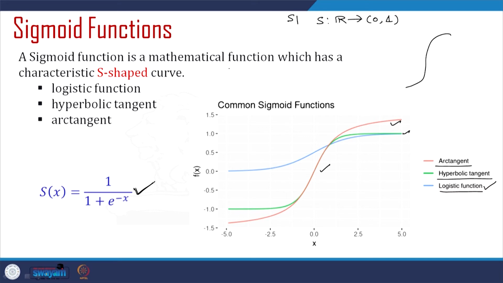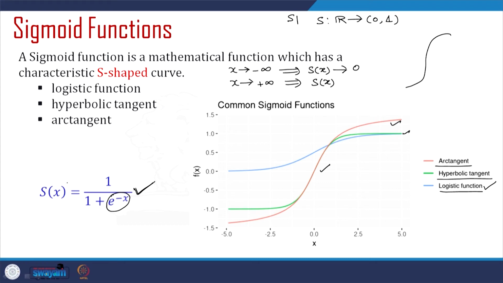For example, when x goes to minus infinity, meaning it has a very large negative value, S(x) will tend to 0, because e raised to the power infinity is very large, so 1 over a very large value goes to 0. When x is plus infinity, e raised to the power minus infinity will tend to 0.